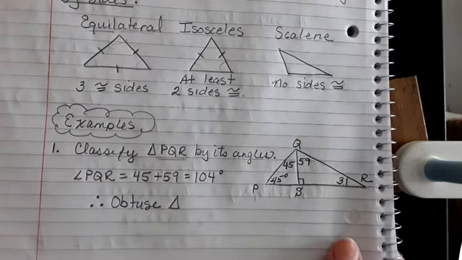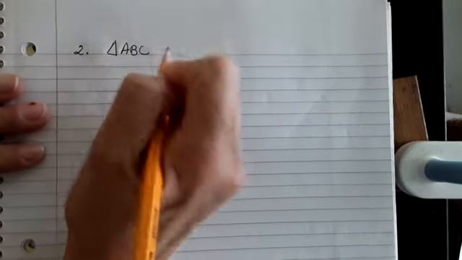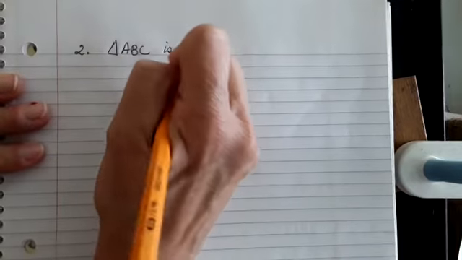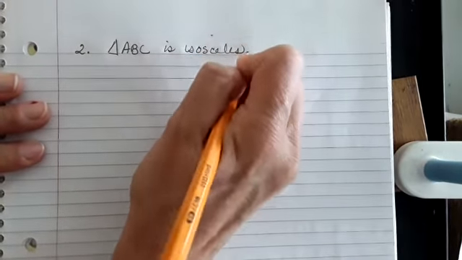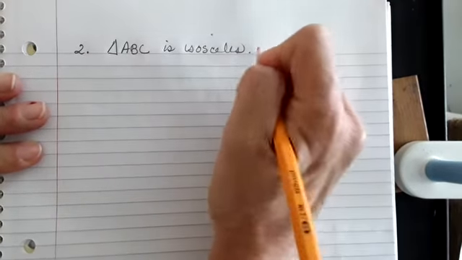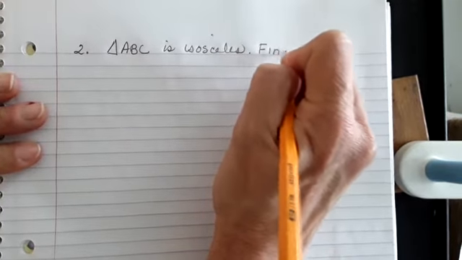All right, so let's see if we can classify by sides. I'm going to give you a triangle. Let's call it triangle ABC. And I'm going to tell you it's isosceles. I want you to find all three sides.